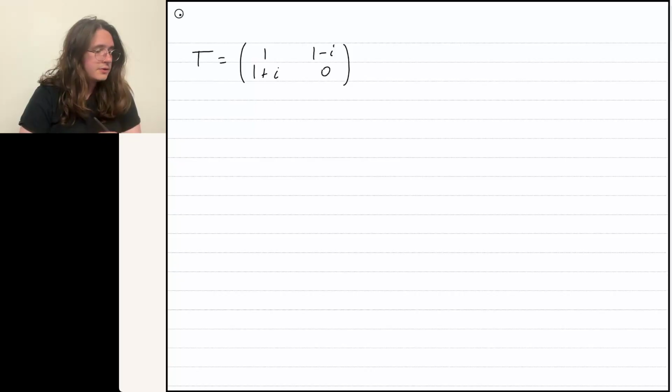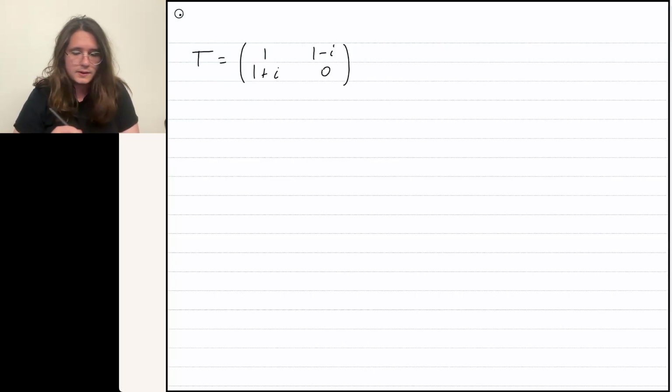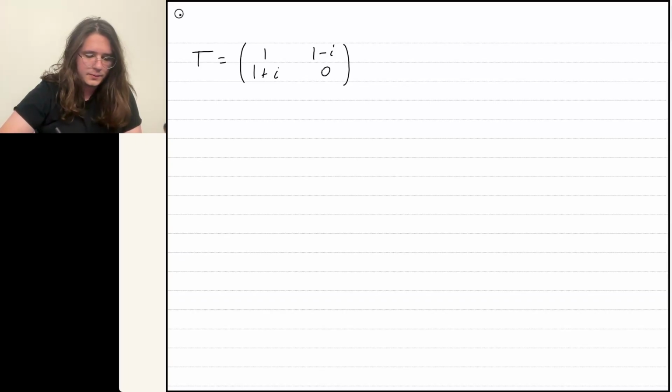We're going to be, first of all, verifying that this matrix is Hermitian. So we're going to be checking if the transpose of this, and then the complex conjugate of said transpose, is equal to itself.